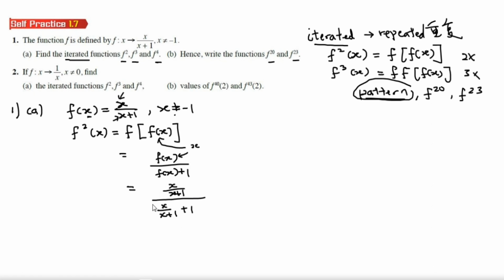First, I would advise you to simplify the denominator part. Okay, so the denominator part is x over x plus 1 plus 1. We have different denominator, 我们有不同的分母。So to combine these two terms, we need to find a common denominator. 我们必须要找回同样的分母。How?